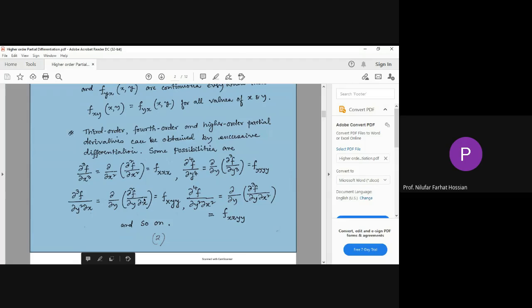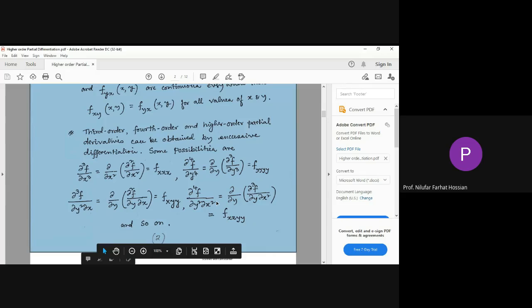So by now we know what del square f by del y del x means. It means at first with respect to x, then with respect to y, and then again with respect to y. So ultimately it becomes third order. And with this subscript notation, it will be at first x, from the left to the right, at first x, then y, then y. Okay, now look into this.